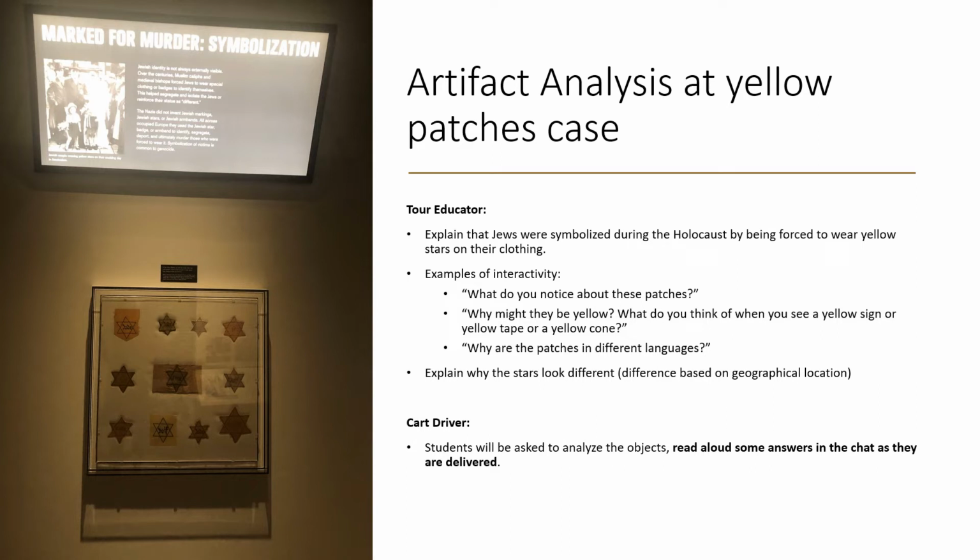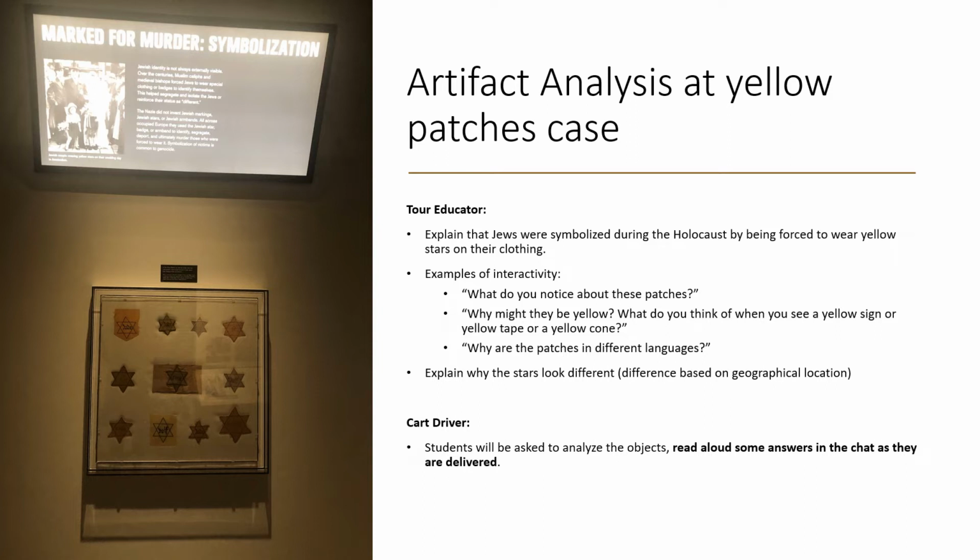One example of a way that you can engage the students and ask them to analyze these artifacts is using the following questions. First and foremost, very easily, what do you notice about these patches? Students will note the color, they'll note the differing size, they'll definitely note that they all have different words on them, even if maybe they don't know that they're all different languages.